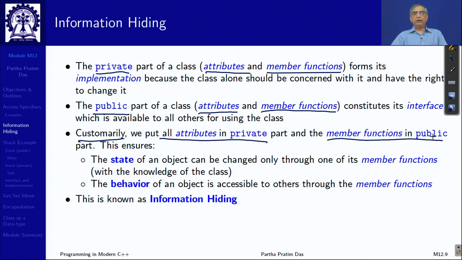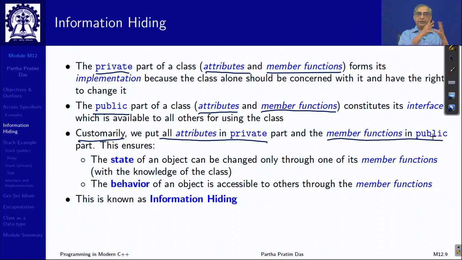But often you will have some member functions which are also private, because I want to have some utilities that my other member functions use, and I do not want to give those utilities as a service to the external world, maybe because I just want to have it as an IP, or maybe because I might want to change them in future, change their names and so on. So, I do not want those to be accessed.